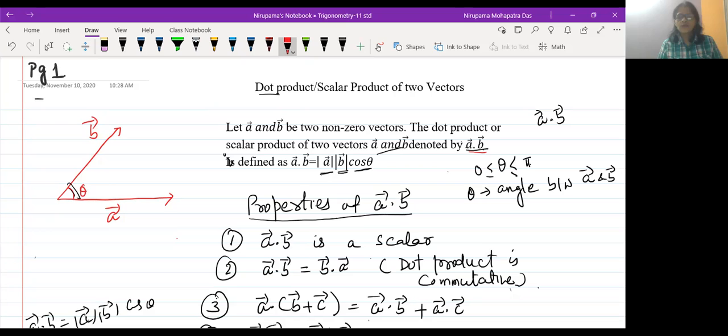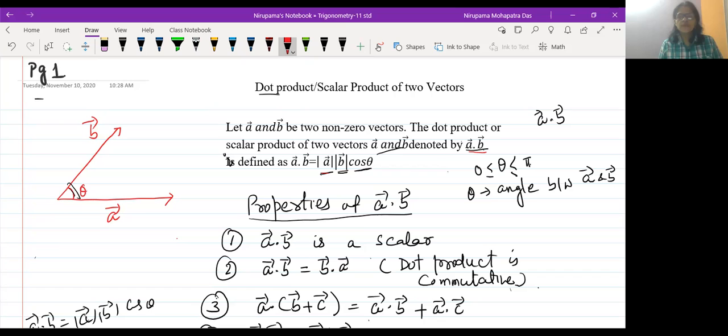As we know, magnitude of A is a number, the length of the directed line segment. Similarly, magnitude of B is also a number, and cos theta is a number taking values from -1 to +1. The maximum value of cos theta is 1, the minimum value is -1.